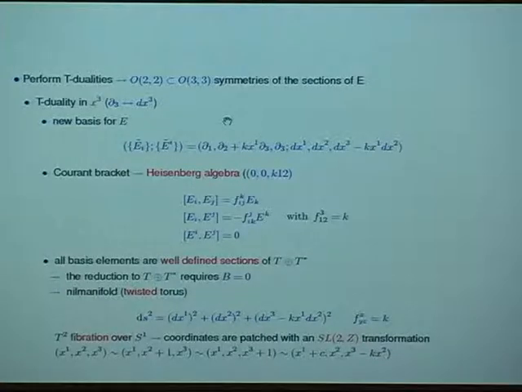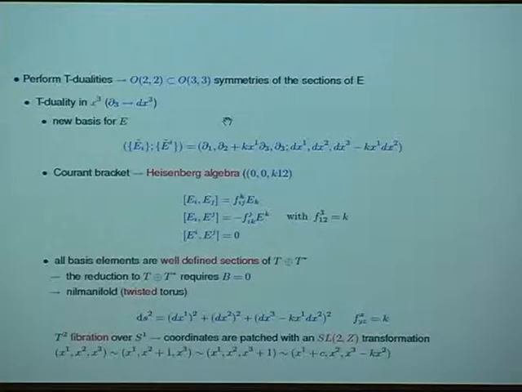And since we can interpret the torus as a T2 fibration over a circle, we can perform, for instance, T-duality in the x3 direction. Roughly speaking, this exchanges vectors and forms in the third direction, and we get this new algebra basis for the sections of E. And if we now compute the Courant brackets, you recognize the Heisenberg algebra I showed you before.